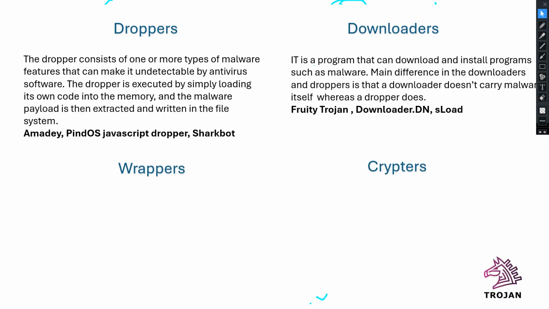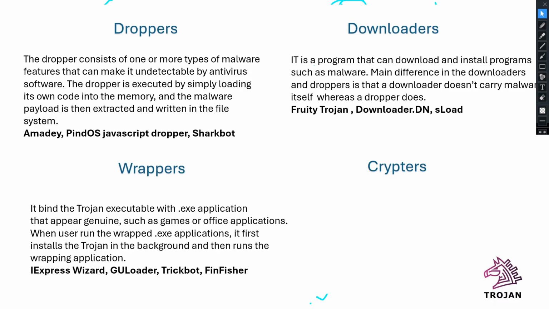Like I told you, the dropper is executed by simply loading its own code into the memory. But in the downloader case, it does not carry the malware. It downloads it. We have different downloaders like the Fruity Trojan downloader, Downloader.dn, and sload.